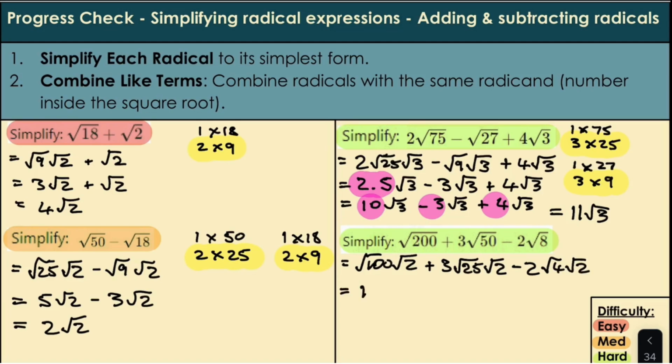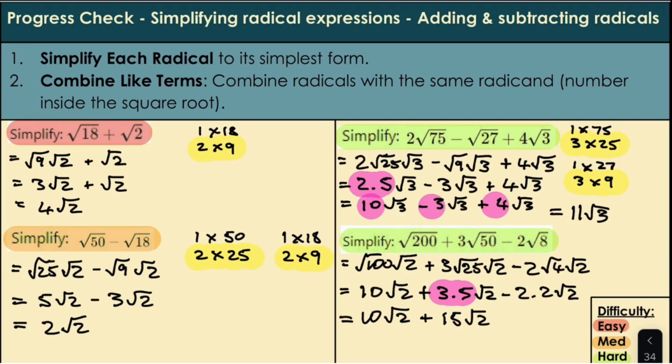Square root of 100, 10 groups of root 2, plus 3 multiplied by square root of 25 is 5, root 2, minus 2 multiplied by square root of 4 is 2, root 2. 3 multiplied by 5, that is going to be 15 groups of root 2.